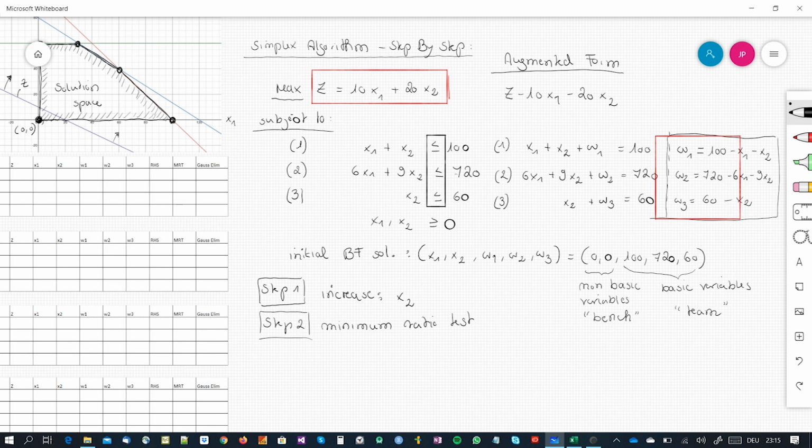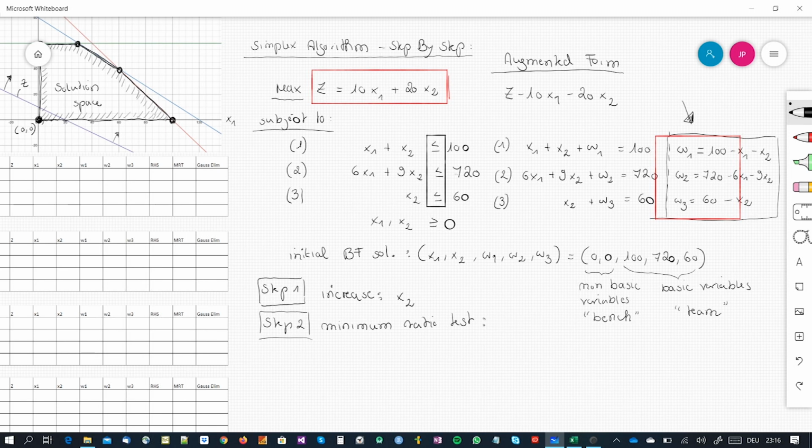So once again, the definition of our slack variables on this side here is useful, because we can now read from the table what would happen if we would increase x2, in the sense that we can increase x2 until one of the slack variables would become 0.